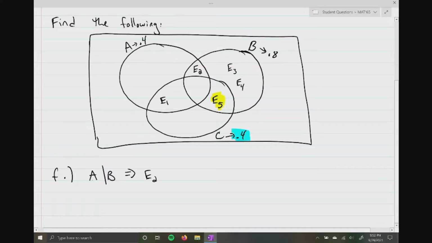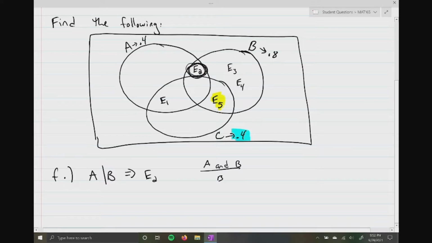You're looking for, remember, A and B, okay, over B. So when you think about this, A and B is E2. It's right here. I'm circling it right now on the board. All right, it's E2. Now, you have all these other events, E2, E3, E4, and E5 in B. However, we're only concerned with that E2 because that is the one we're focusing on. By writing B underneath, we're getting rid of all the other ones.